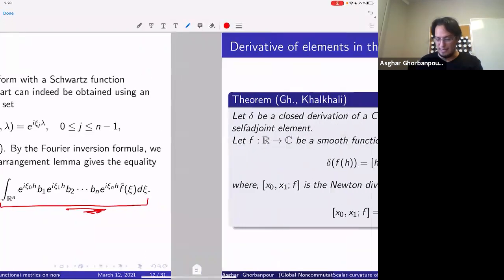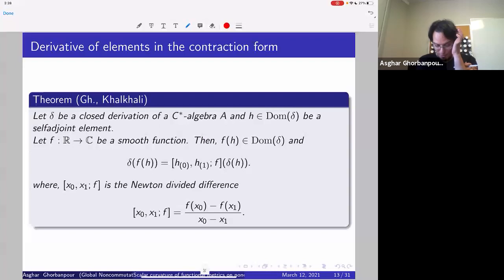One of the things that we noticed, this is maybe more like a lemma, the version I put here. There's a longer version, which says that if you have a closed derivation on your system algebra, and your element H is in the domain of that, let's say it's a self-adjoint element, then you apply any smooth functional calculus and find f(h).